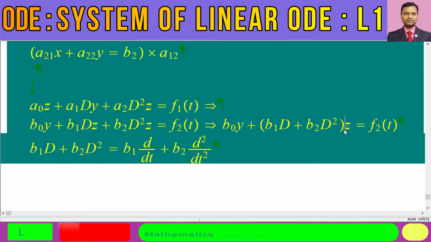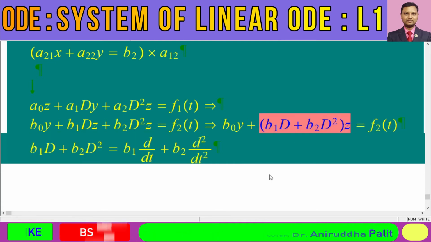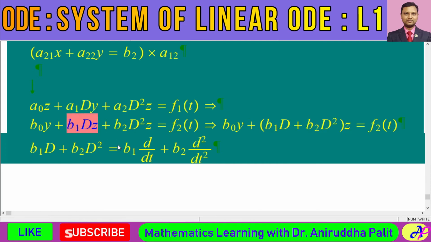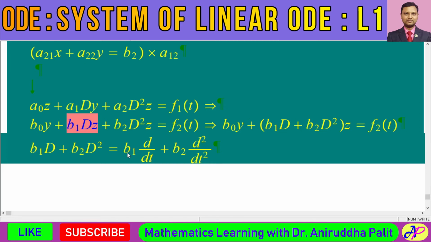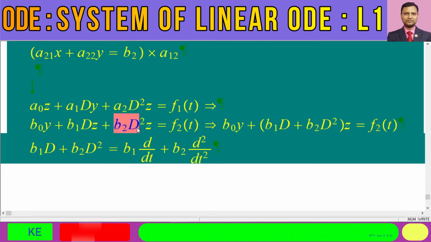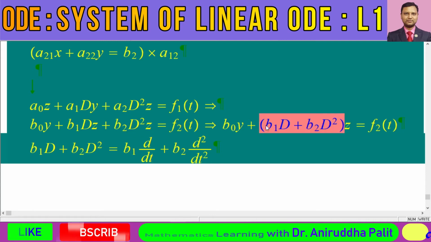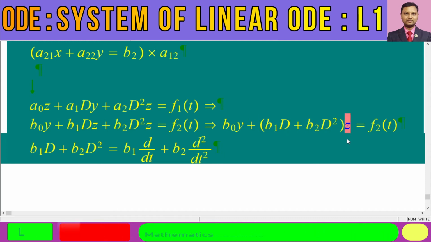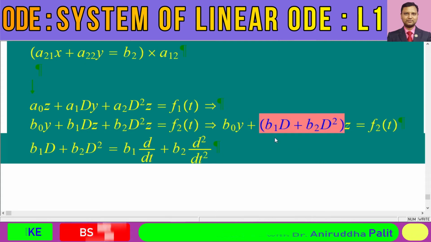The value of this total term is equal to the first operator operated on z plus the second operator operated on z. It may look a bit peculiar, but it is perfectly mathematically valid, and we write it with this kind of bracket notation.